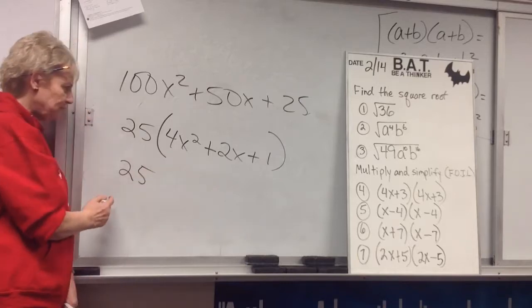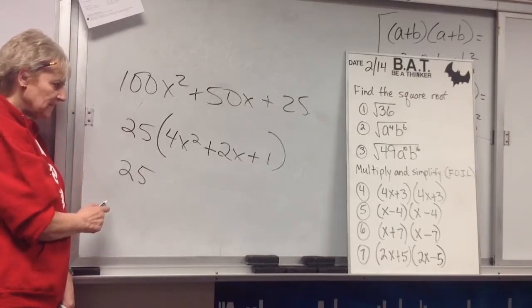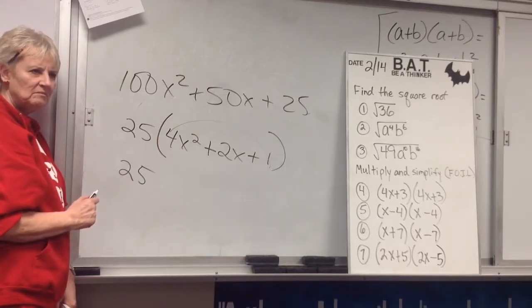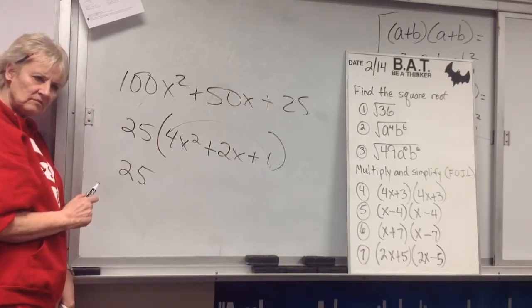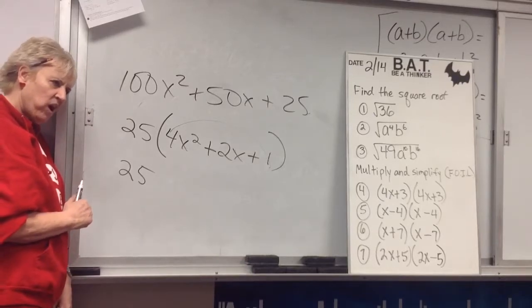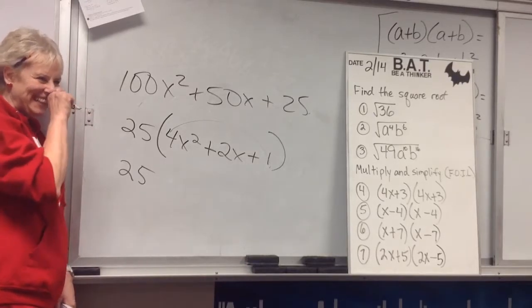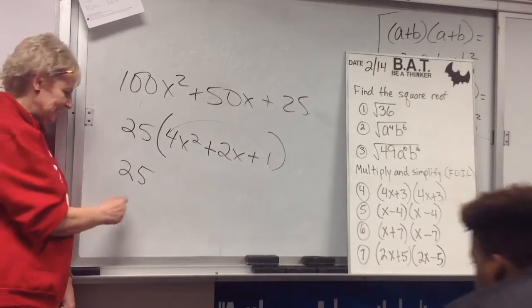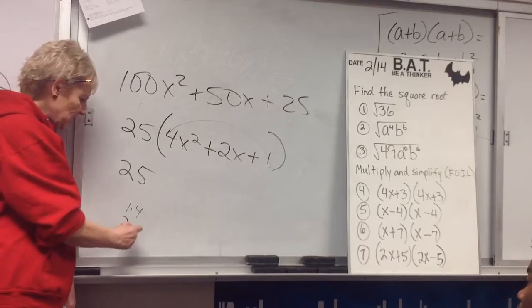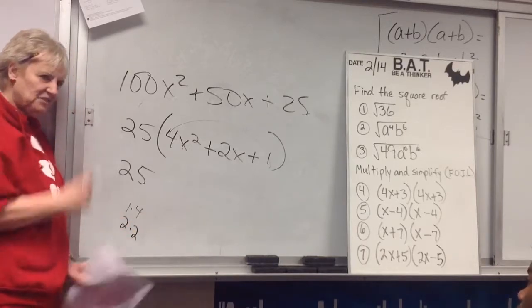What are factors of 4 that give me a 2? 2 and 2? No. Can't do halves. You got 1 and 4. Is that going to work? No. Is that going to work? No. It's not factorable.